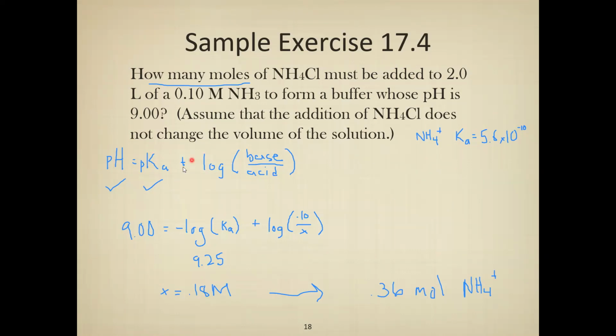And with this one, another way you could do it is there's a similar equation. pOH will be equal to pKb plus log of acid over base. So we could have done 5 is equal to the negative log Kb for ammonia, and then just have this piece basically switched.